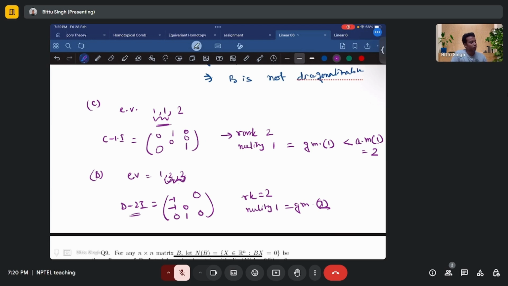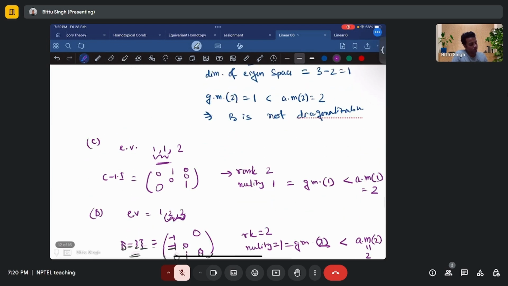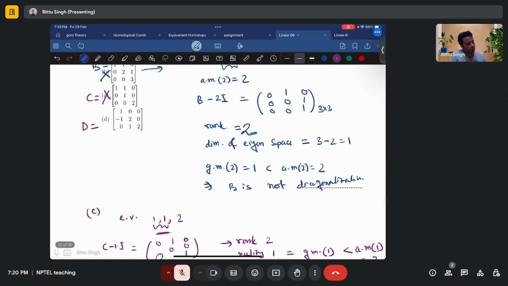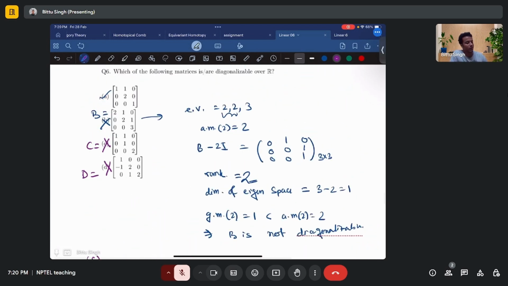The nullity is actually 1, but this is the same as the geometric multiplicity, which is strictly less than the algebraic multiplicity, because the algebraic multiplicity of 2 is 2, right? So there is no equality, there is strict inequality, so D is also false. Only A is the correct answer.